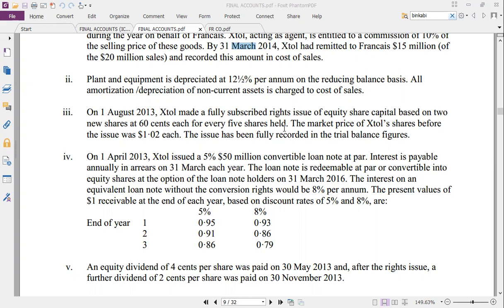The issue has been fully recorded in the trial balance figures. Thank God. Fully recorded. Yes, so you need this to calculate the rights issue and then finally to calculate the earnings per share.